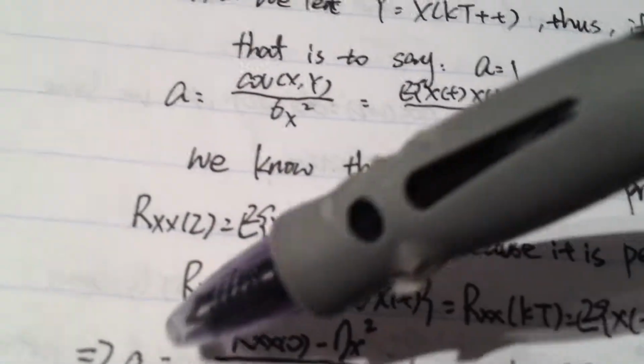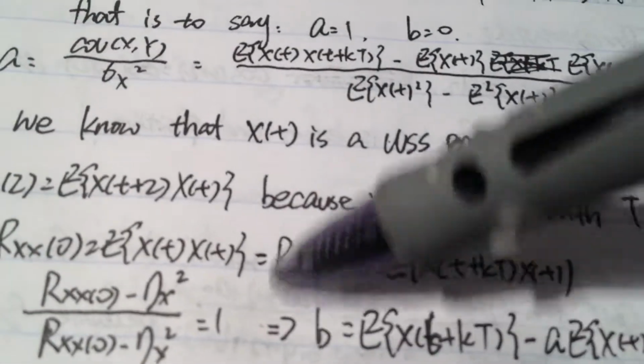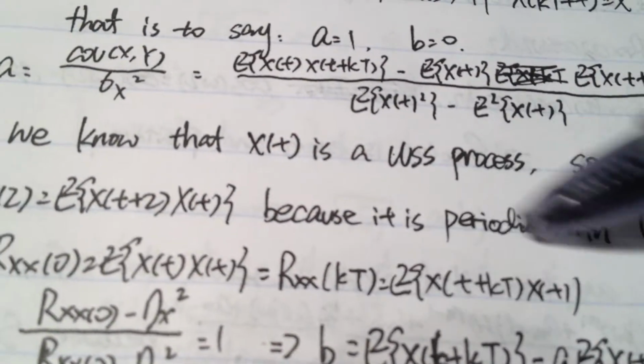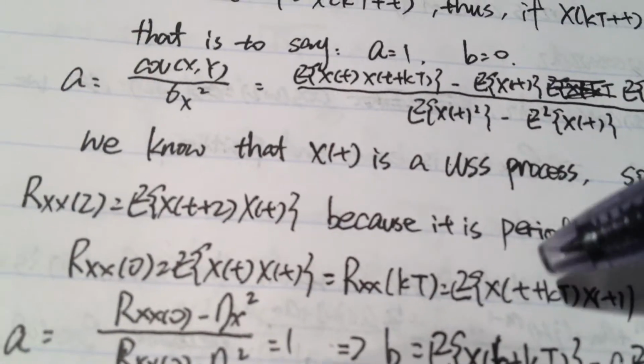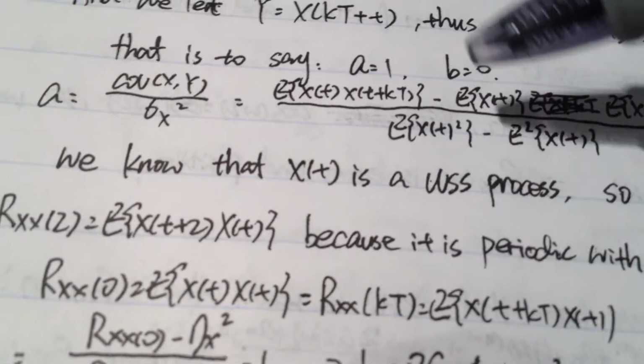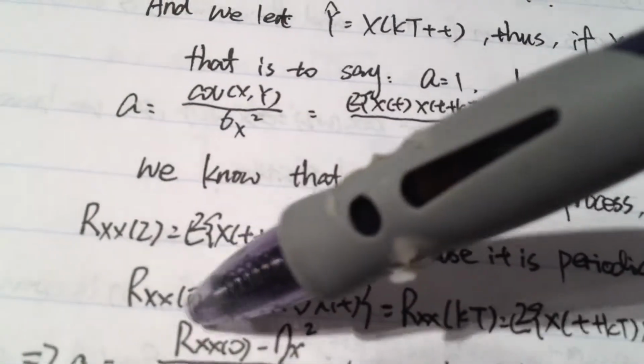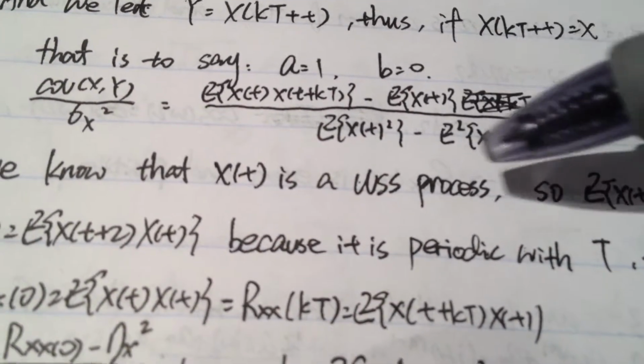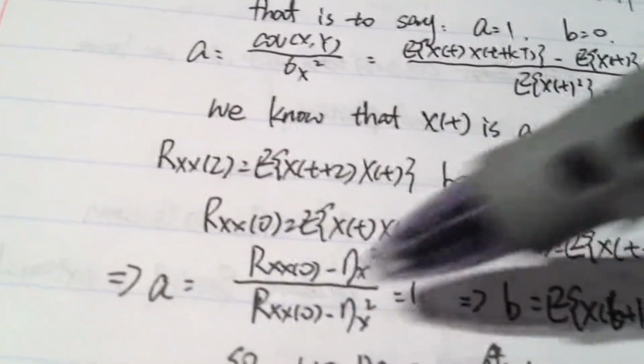These two parts should be equal, and this part equals this one, so that we can replace this part with this one, and we can replace this part with this one, so that we can get a equals 1.